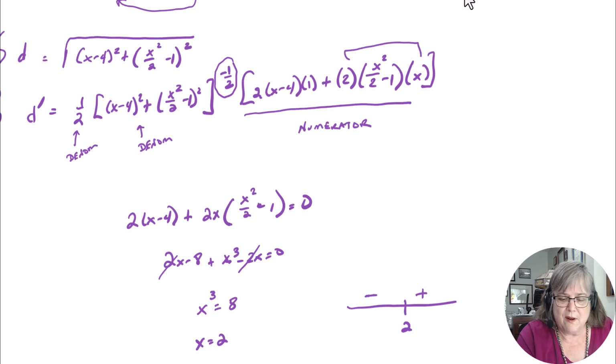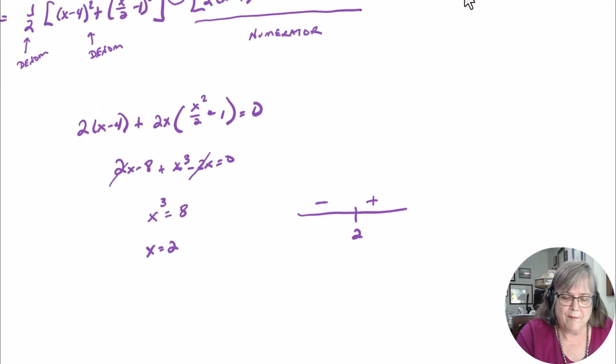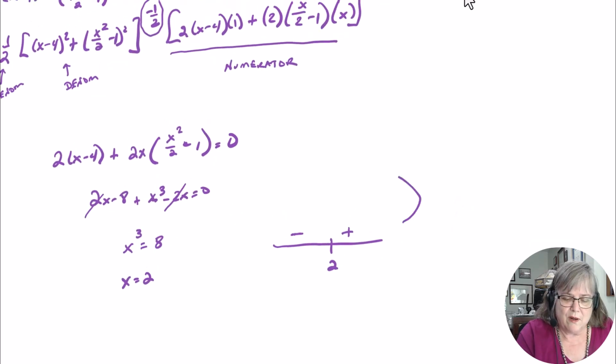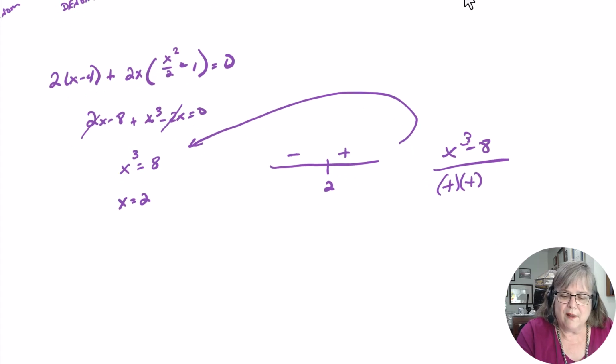So those two things are positive. So what we're looking at is what's going on with x cubed minus 8 over the positive 2 and the positive square root, which doesn't change anything. So if you have, say, 1 cubed minus 8, that is negative, and 3 cubed minus 8 is 27 minus 8, some positive number.